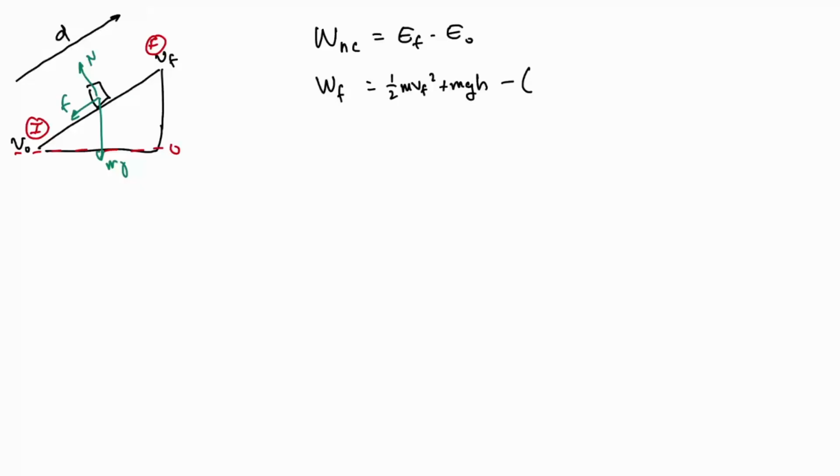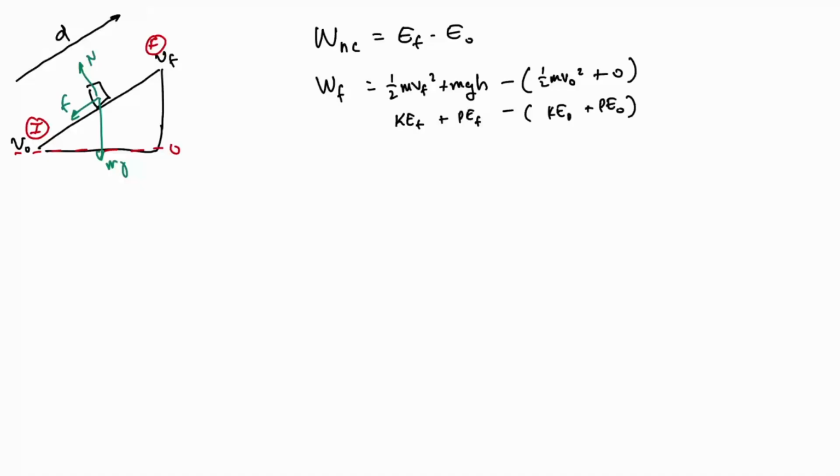Is it moving at the bottom of the hill, the initial point? Yeah. Does it have gravitational potential energy down there? No. Why not? The height is equal to 0. We put 0 there, right? Yeah. This is kinetic energy final plus potential energy final minus kinetic energy initial plus potential energy initial.